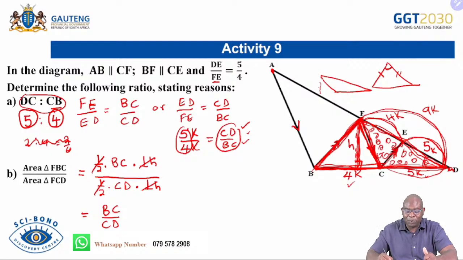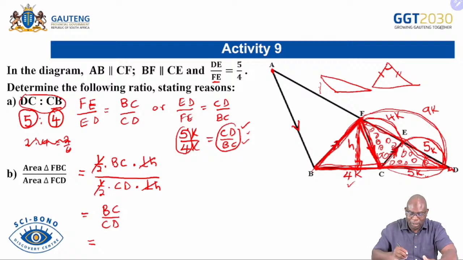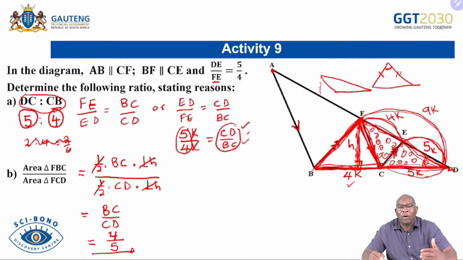It was asked because we wanted to find out how you are going to get the ratio of the two areas of those triangles. So BC is going to be 4, but CD is going to be 5. So that is the numerical value of that.